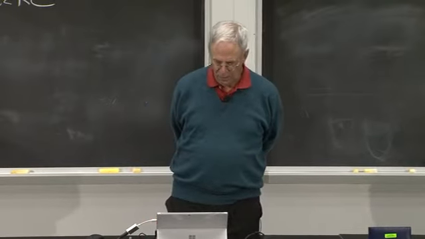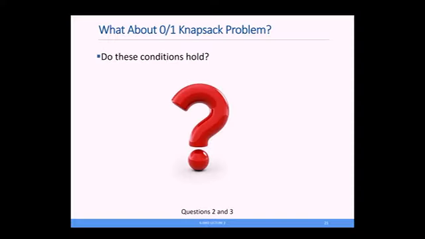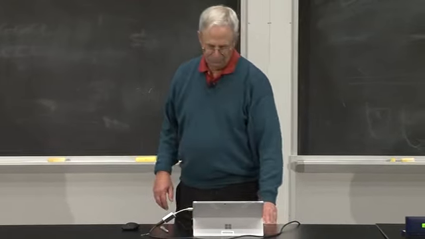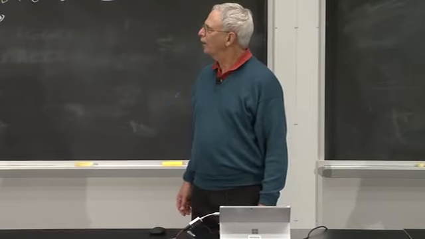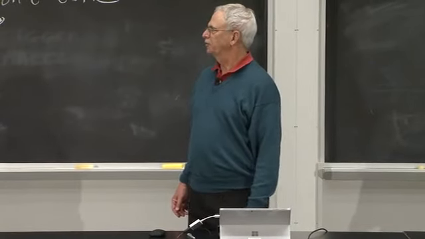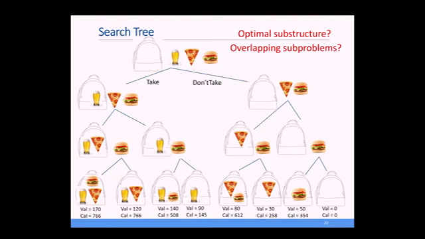All right, what about the knapsack problem? Does it have these two properties? So we can look at it in terms of these pictures. And it's pretty clear that it does have optimal substructure, right? Because we're taking the left branch and the right branch and choosing the winner.